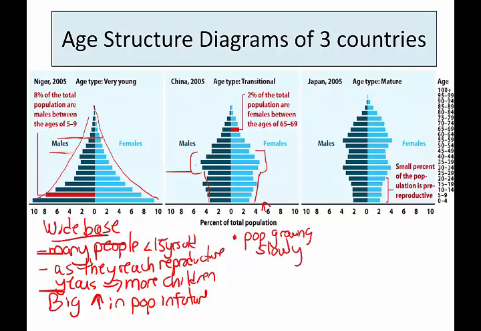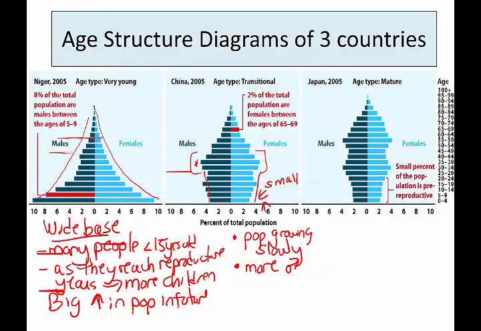And interestingly enough, you'll notice, I don't know if you can notice, but there's more males. This is a symbol for males, and that's because of the one-child policy and the preference of people for male children. And there's also small groups in the lower age. So you would expect this population to grow slowly.